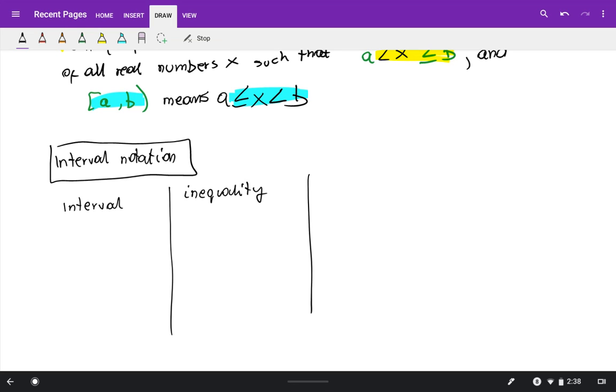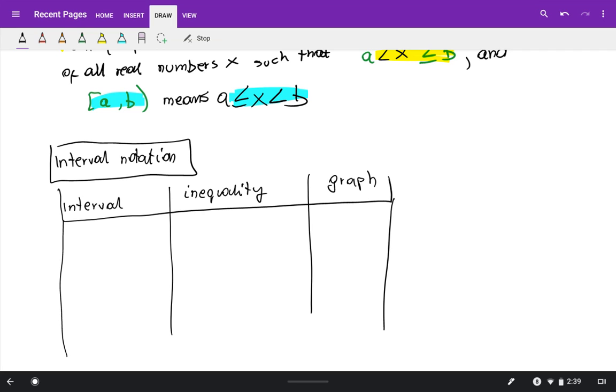Then I'm going to show you how to graph each, so you guys have something to follow. The first interval is the interval from a to b. If we're using inequality, that means x is greater than a and less than b. To graph it, on the number line you put a and b, you keep open circles, and you shade everything between a and b.